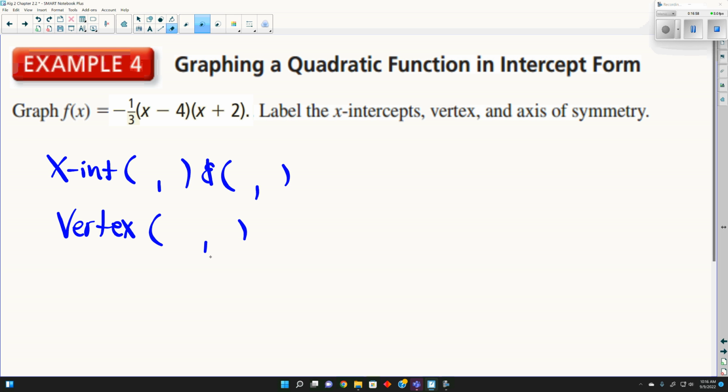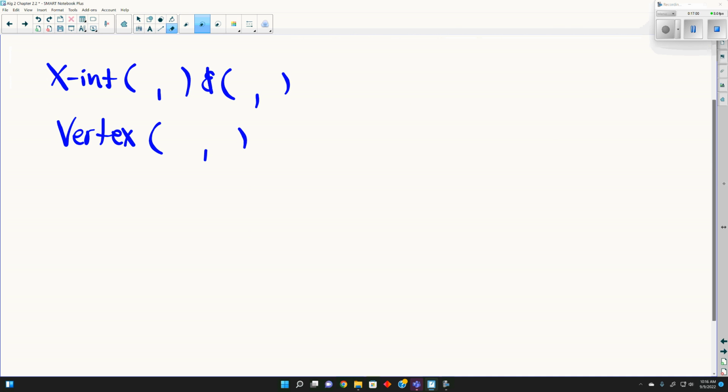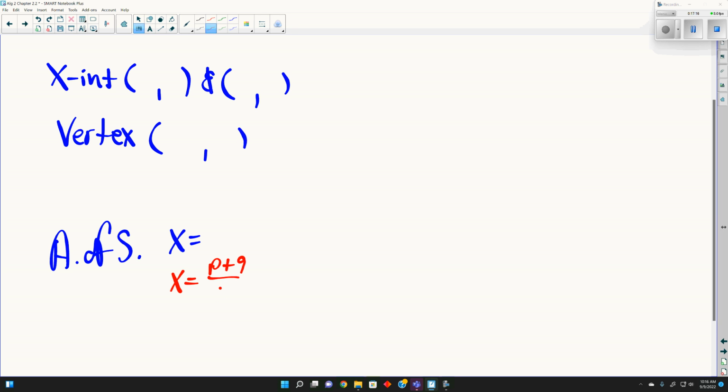I'll have to scroll down a little bit. Now the axis of symmetry, we know we're saying x is equal to (p plus q) over 2. The vertex is our (p plus q) over 2, comma, f of (p plus q) over 2.